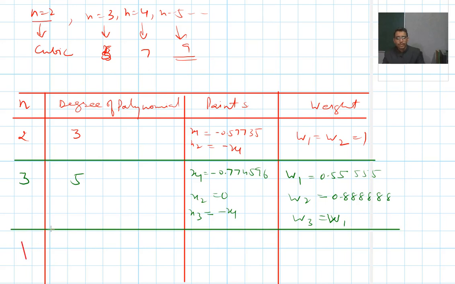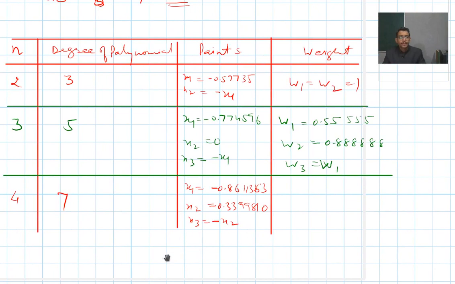Then let us take n is equal to 4, and here we take a 7th order polynomial. The value of x1 is 0.8611363, then x2 is 0.3399810, x3 is minus x2, and x4 is minus x1.